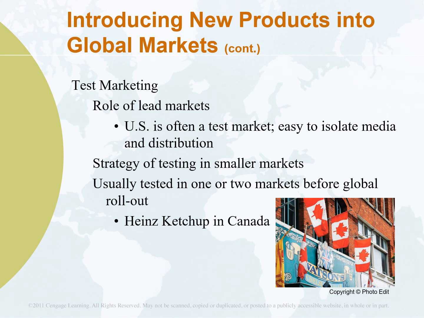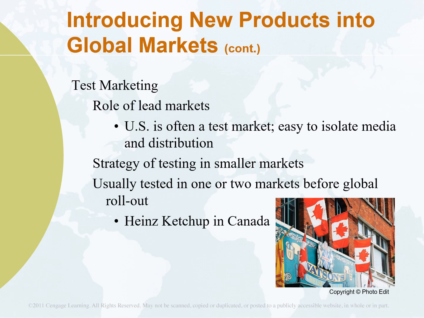You may have to introduce new products into global markets, and you may have to do test marketing. You need to realize the role of lead markets. The US is often a test market. It's easy to isolate the media and distributions. For example, we have local TV stations, local newspapers, and local distributions.